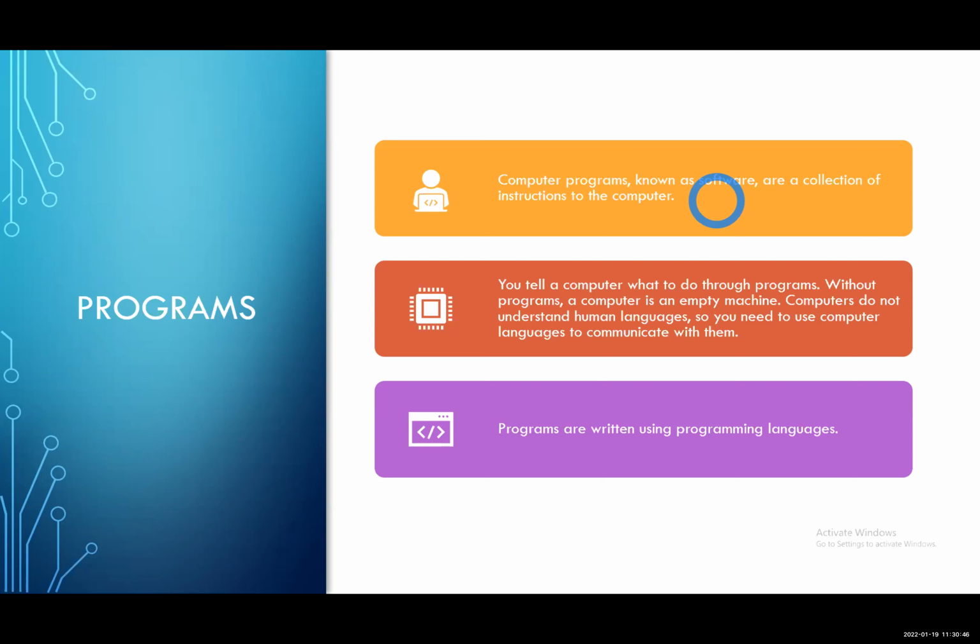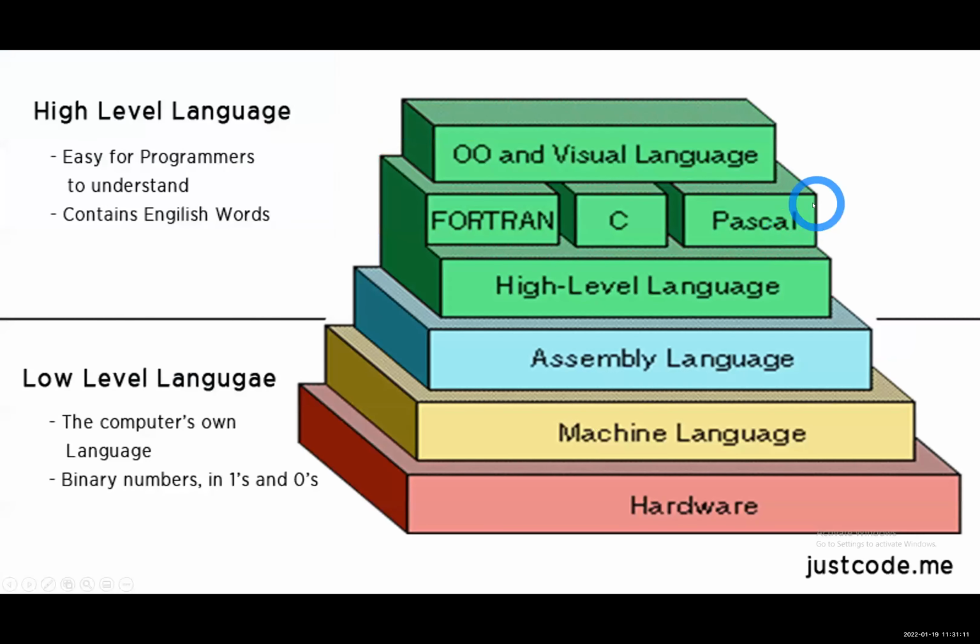If you want to do X, Y, and Z with a computer, learn the language, write the program. You could potentially be the next Mark Zuckerberg or Bill Gates. They were programmers. It's just learning how to code and then putting it together.